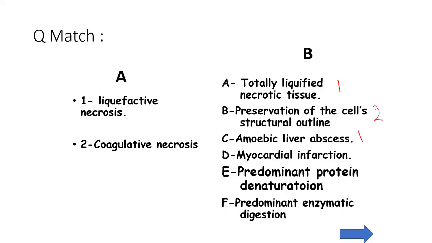Yes, in coagulative necrosis. Amoebic liver abscess is an example of liquefactive type of necrosis. Predominant protein denaturation is present in which? Of course, coagulative type of necrosis. Predominant enzymatic digestion is present where? Of course, in liquefactive type of necrosis. Fine? Very good.